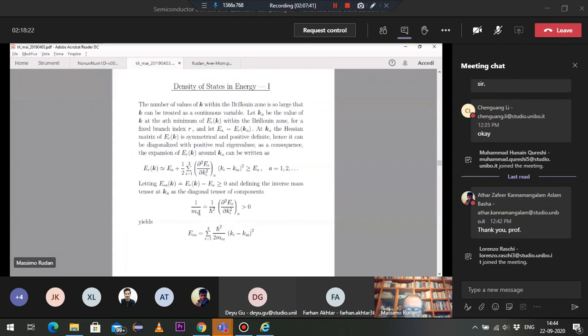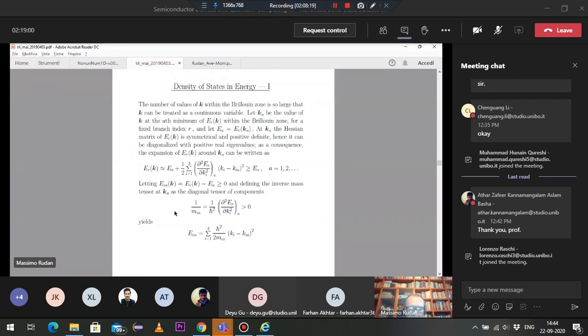The second index, A, reminds you that we are calculating this in the minimum A. For instance, in silicon, we have 6 minima of the conduction band, so A goes from 1 to 6. This quantity is called effective mass, or the ith component of the effective mass of minimum A.